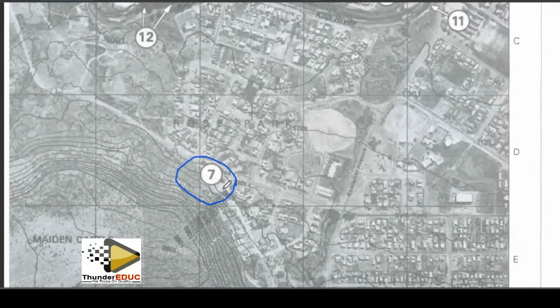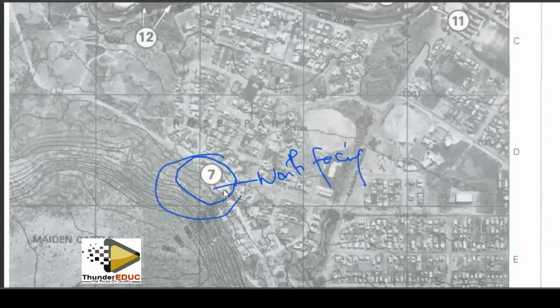When we're looking at the concept of slope aspect, we are talking of orientation. This is a north-facing slope in the southern hemisphere. How did north-facing slope facilitate the development of that particular settlement?